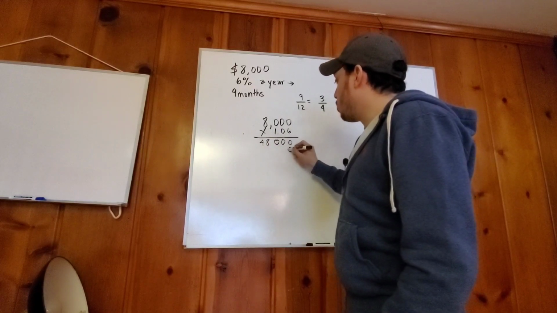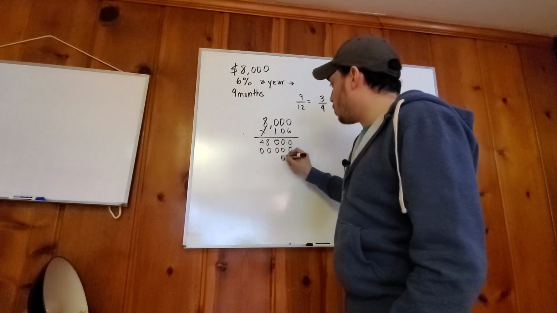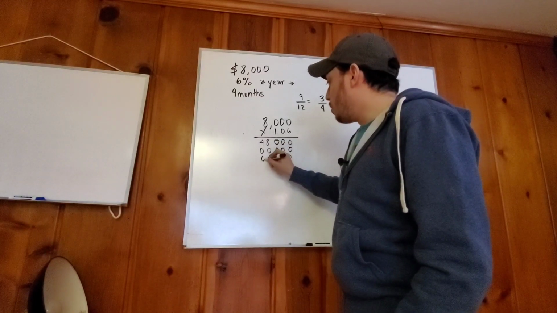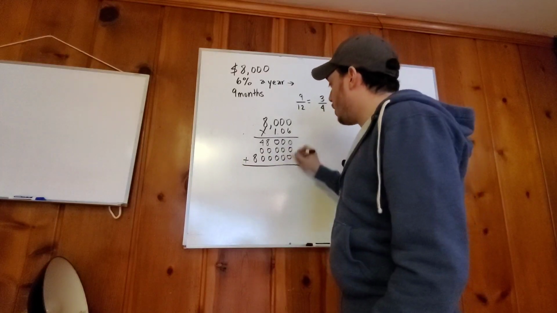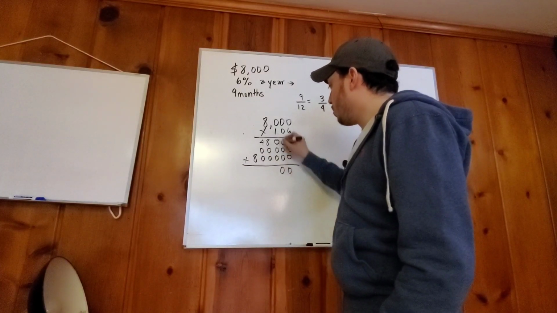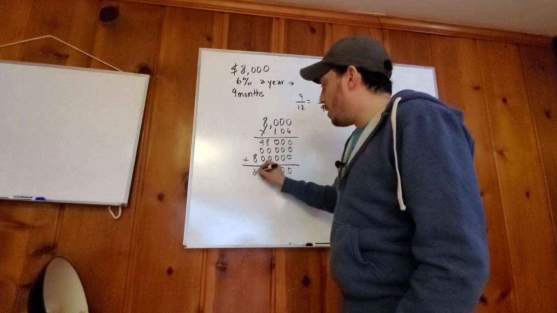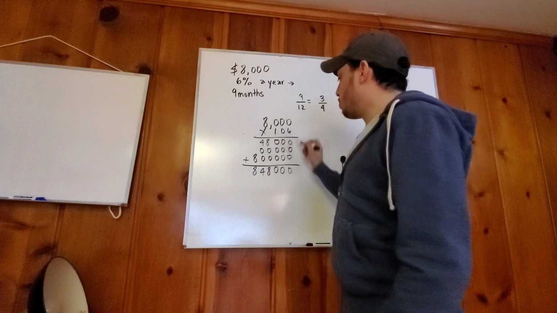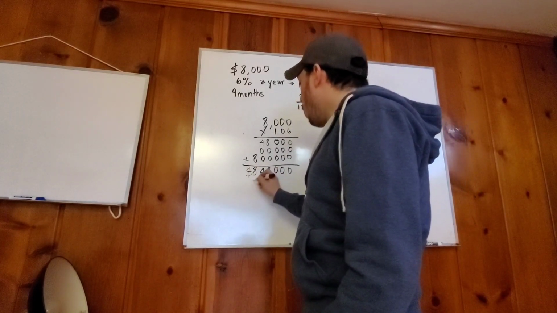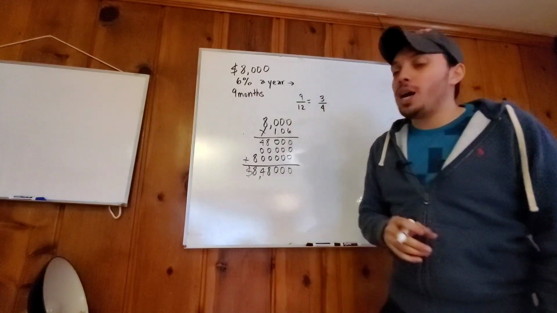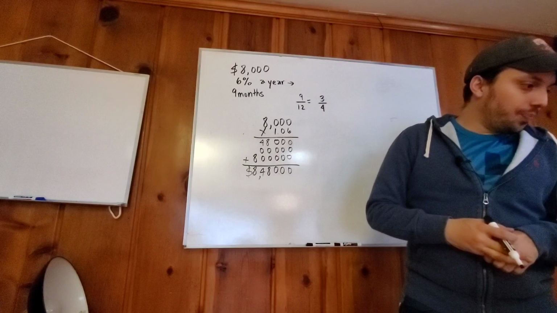And then placeholders, 2 placeholders, and then 8. Bam. And we add all together: 0, 0, 0, 8, 4, 8. How many decimals? 2 decimal places. So in 1 year, I would have gotten $480.